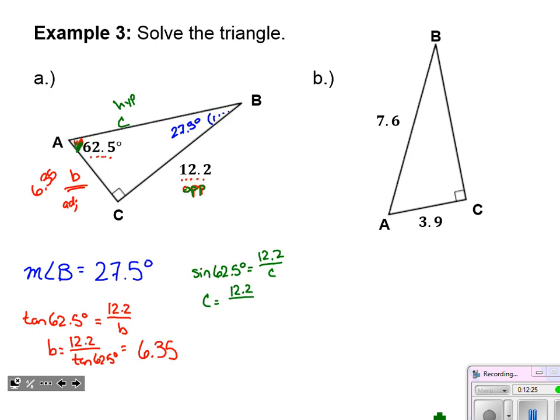A little bit of algebra. I'd have to multiply over the variable c and divide away the sine 62.5, and I'd turn to the calculator again. And I get 13.75.